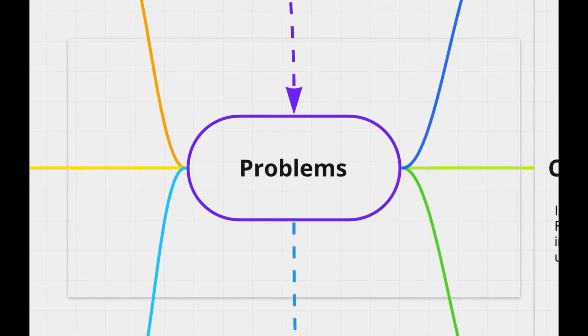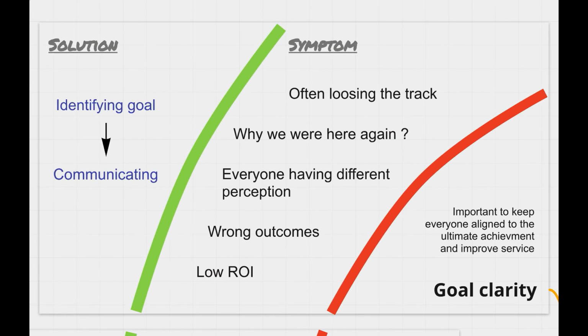So let's start with a couple of problems. The first problem that occurs in any data science project is the clarity of goal. It's very important to keep everybody aligned to the same goal to improve the overall service, but often you would see people losing track of the whole data science effort, asking questions like why are we here again and what is the main goal of the team.